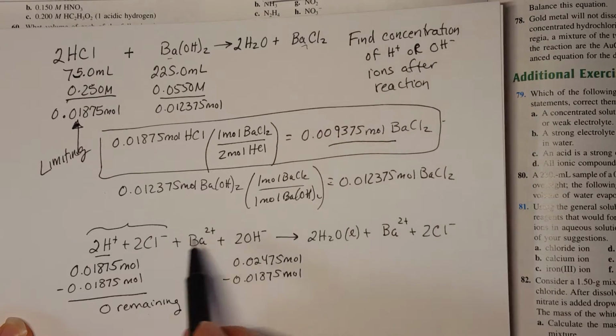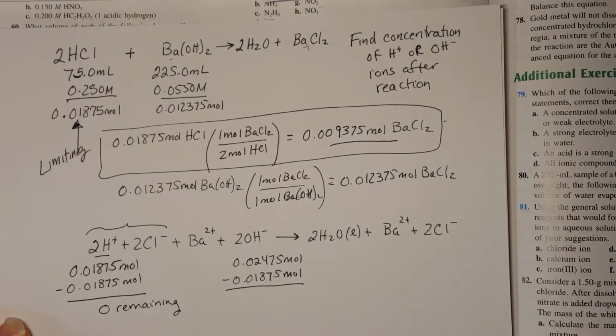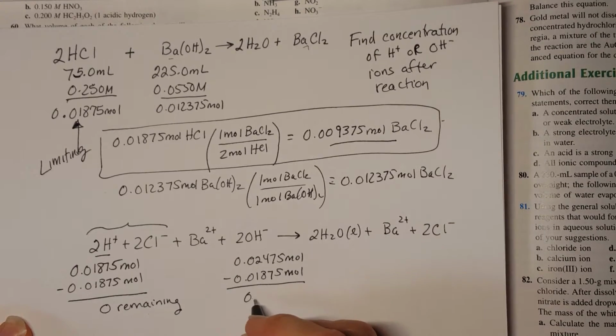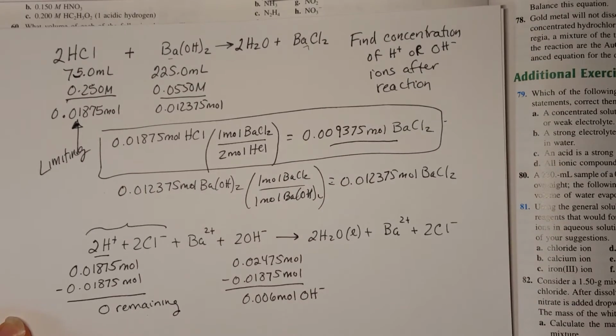So if I subtract that from the 0.02475, we get 0.006. And that's how many moles of hydroxide are left.